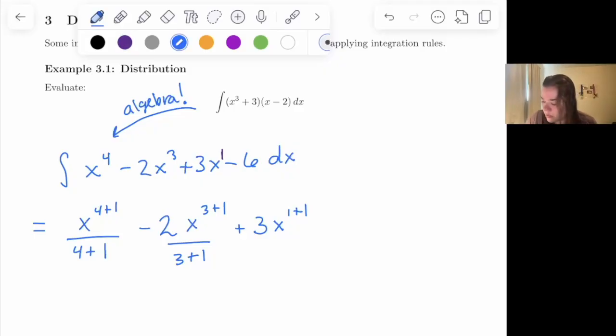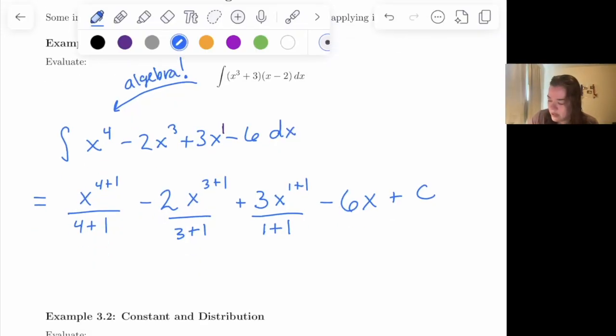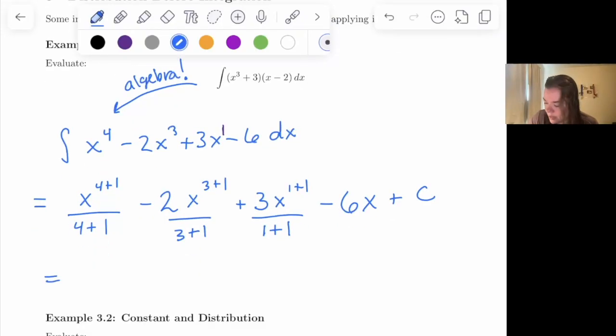So we had to raise to the 1 plus 1, divide by the new exponent, minus a constant gains an x, and then plus C. And this actually doesn't look too bad to clean up, so I'm going to do so. This becomes x to the 5th over 5 minus 2x to the 4th over 4.